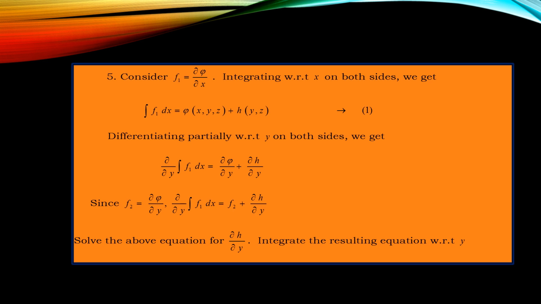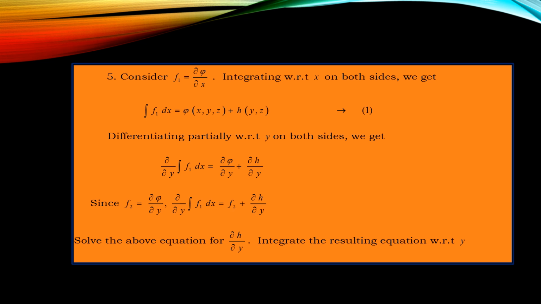h(y, z). In this equation, h(y, z) represents a constant in terms of the variables y and z. It is an integrating constant. Now consider the equation integral f1 dx equals φ(x, y, z) plus h(y, z).